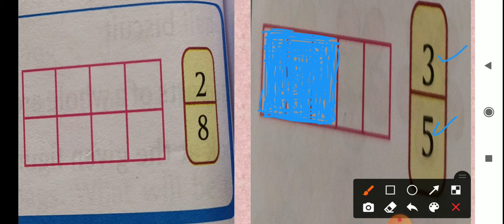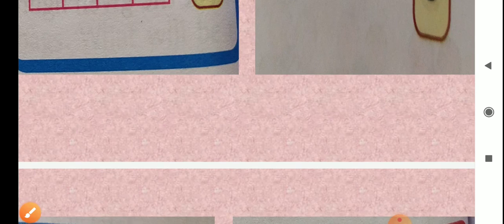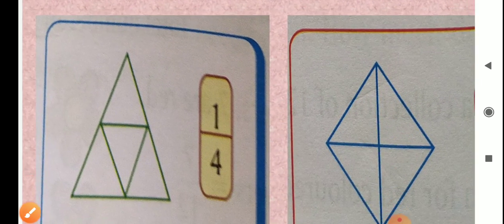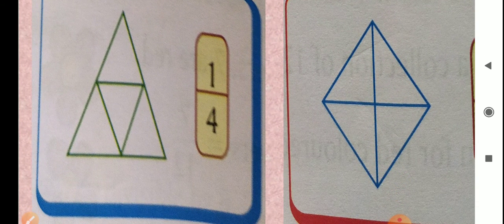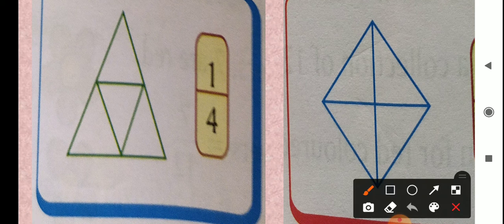The next figure shows the fraction 1 upon 4, meaning the total parts are 4. From that we have to shade 1 part. Look here: 1, 2, 3, 4.